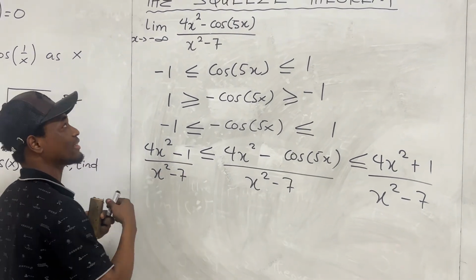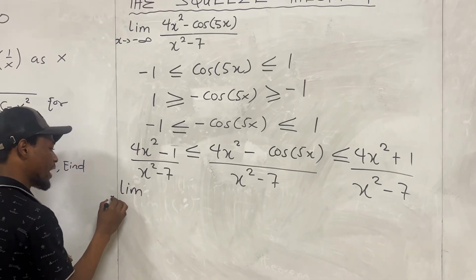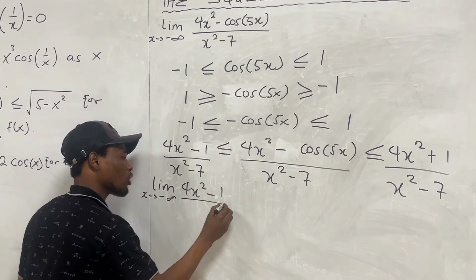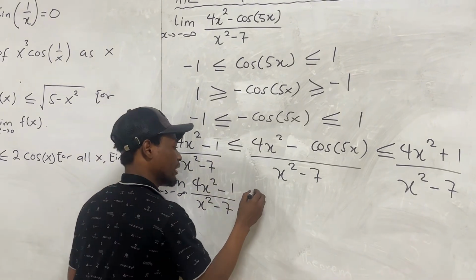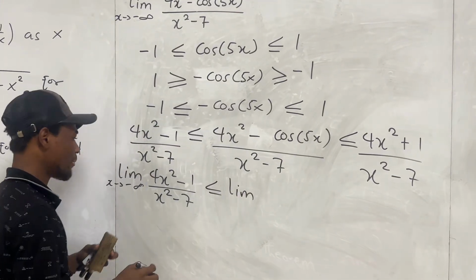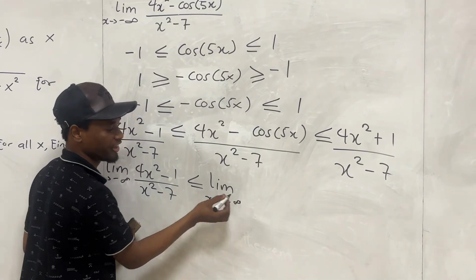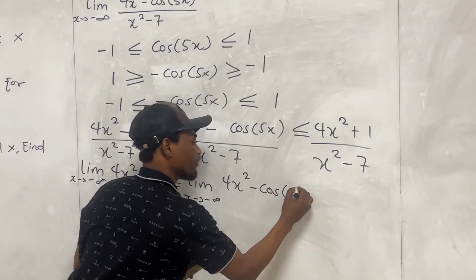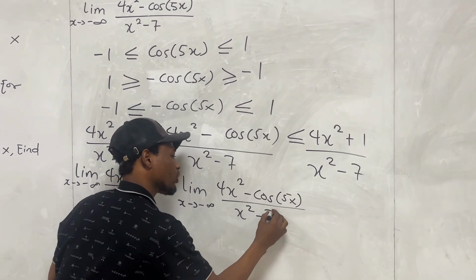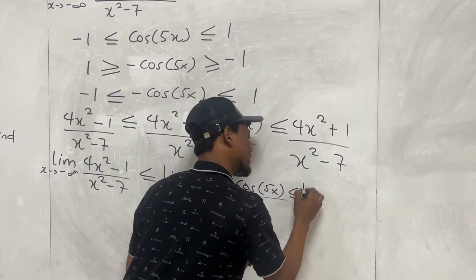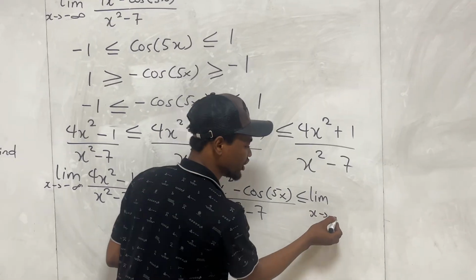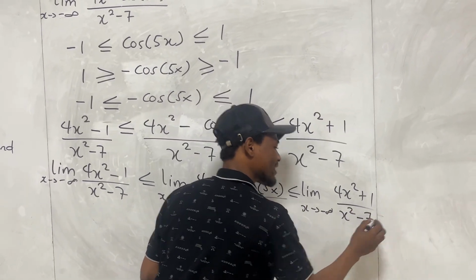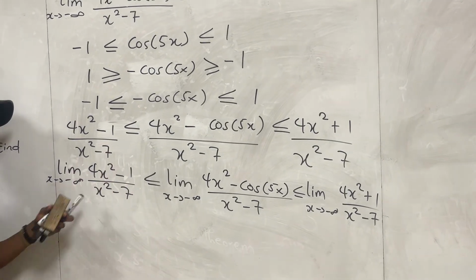Applying your limits, we have the limit as x approaches negative infinity of 4x squared minus 1 all over x squared minus 7, less than or equal to the limit as x approaches negative infinity of the middle function, 4x squared minus cos 5x all over x squared minus 7, less than or equal to the limit as x approaches negative infinity of 4x squared plus 1 all over x squared minus 7. Viewers, when you evaluate this, you get 4.